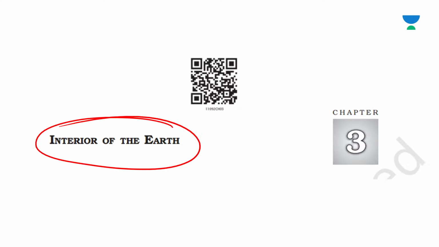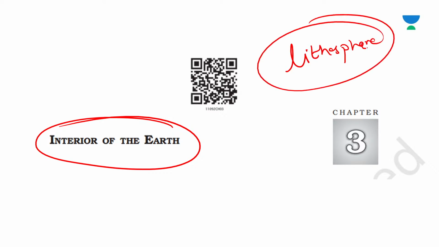Do you imagine it to be a solid ball like a cricket ball, or a hollow ball with a thick cover of rocks, that is, the lithosphere? Now, the configuration of the surface of the earth is largely a product of processes operating in the interior of the earth.